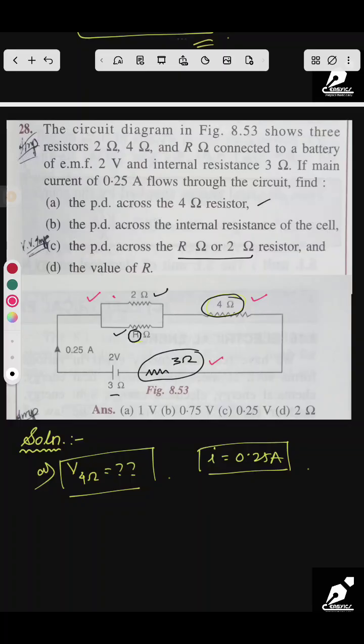If current is I through them, current will be I through it, and the current in the circuit is 0.25. So current in this combination will be 0.25. Current here will be 0.25. Current here will be 0.25.